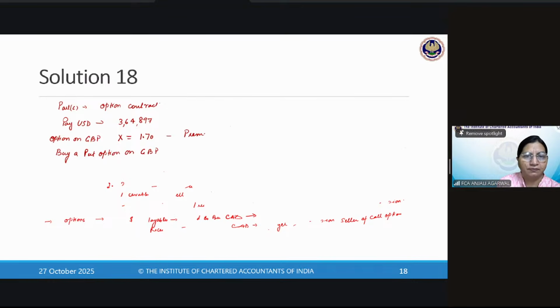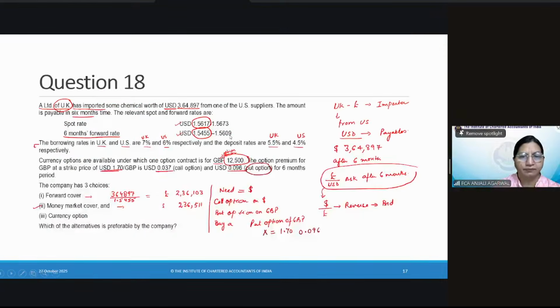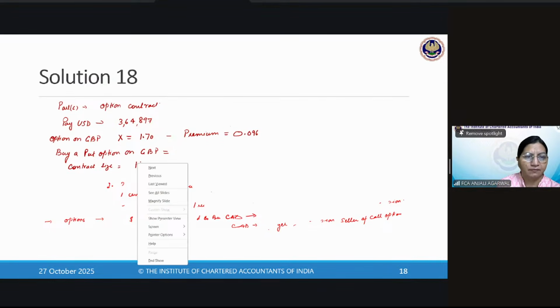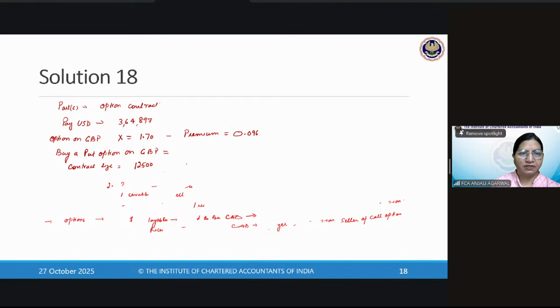Premium 0.09. So contract size is 12,500. So how many contracts we'll need to buy?